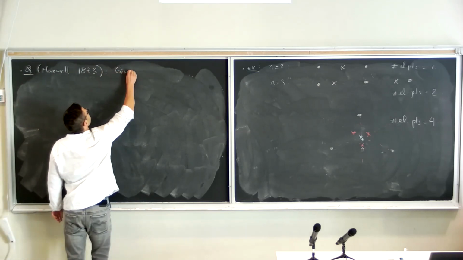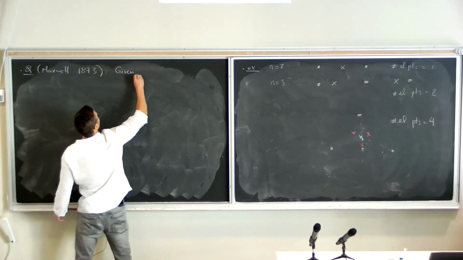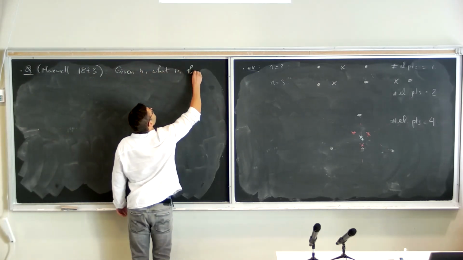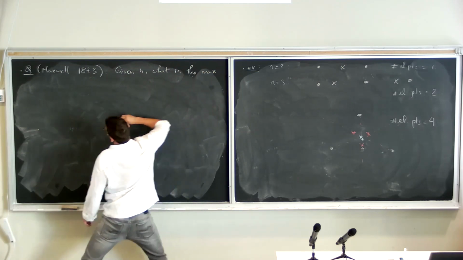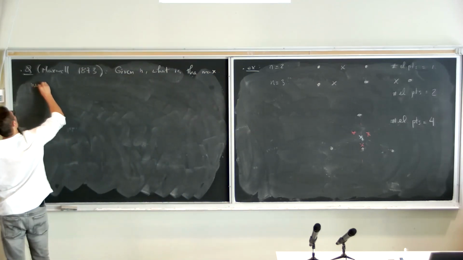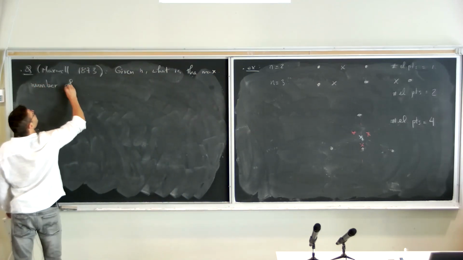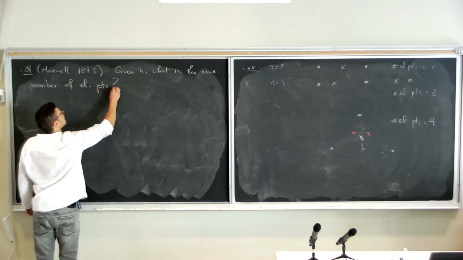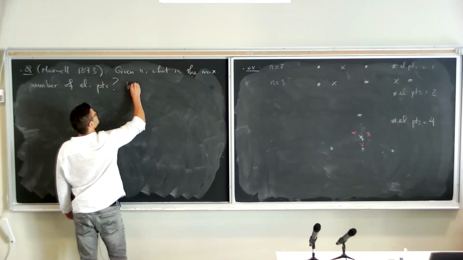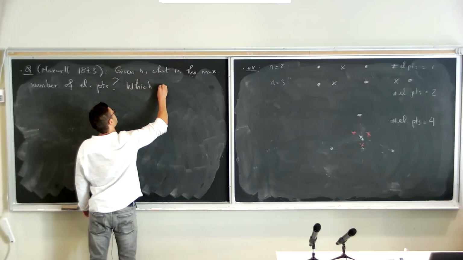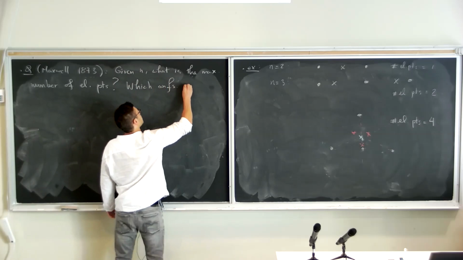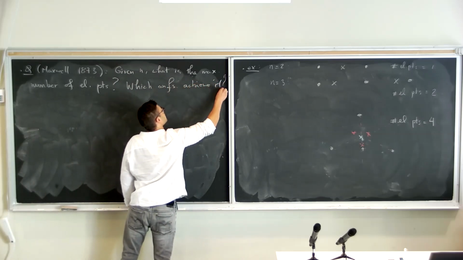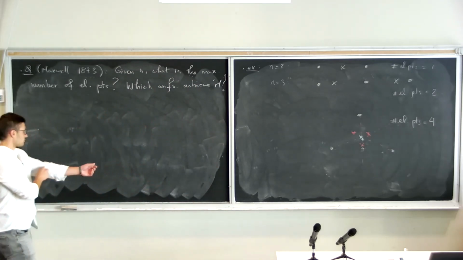Given n, what is the maximum number of electrostatic points? And you can also ask which configurations achieve that.